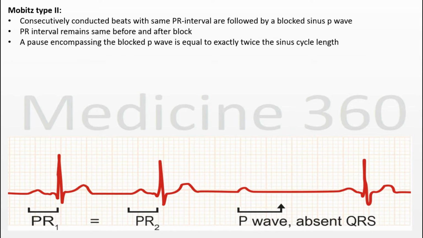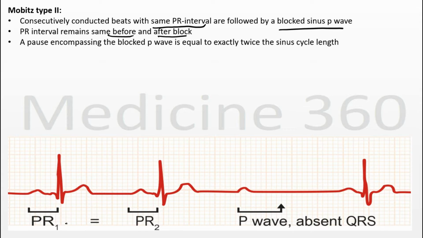Now, ECG findings in Mobitz type 2. There are consecutively conducting beats with the same PR interval. In Mobitz type 2 ECG, the RR interval will remain the same, and then there will be the blocked P wave. The RR interval remains the same before and after the block, but in case of Mobitz type 1, there will be a difference between the PR interval before the block and after the block.